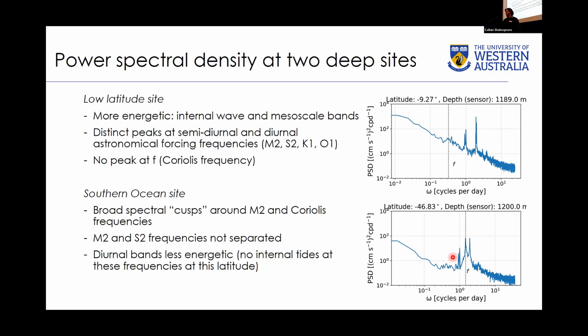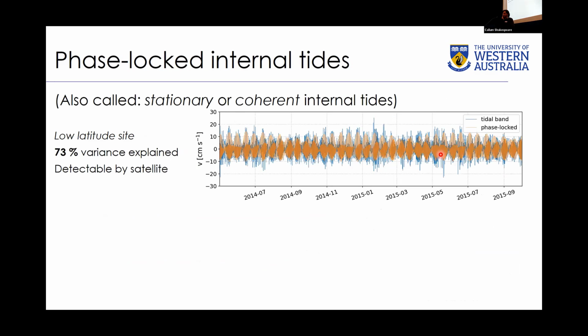So first thing, why do you get these sharp peaks at the astronomical frequencies in the tropical ocean? If you do an equivalent harmonic fit to this time series, so you just fit cosines and sines at those astronomical frequencies, you get this phase-locked signal.